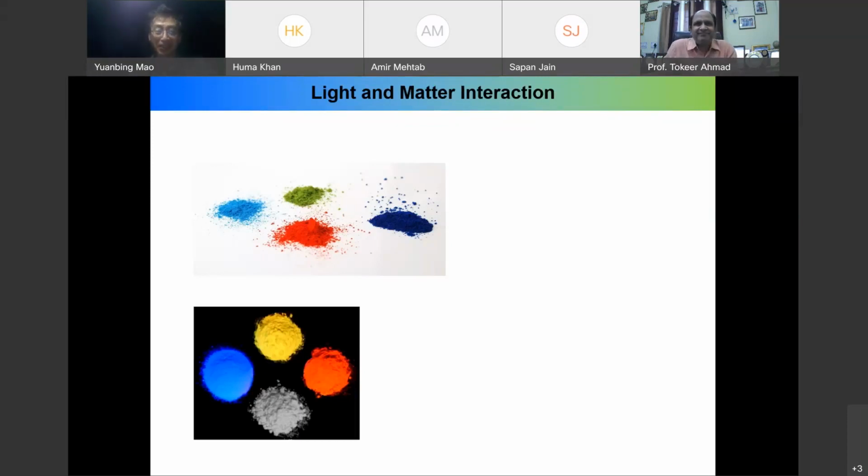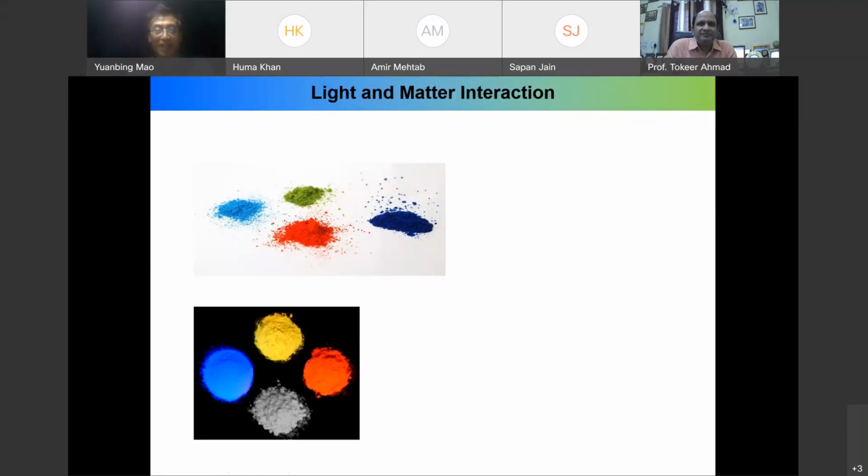One thing you may notice: they are both colorful, they're wonderful, and we like different colors. But in terms of difference, the first one has a white background. The second one has a black background.